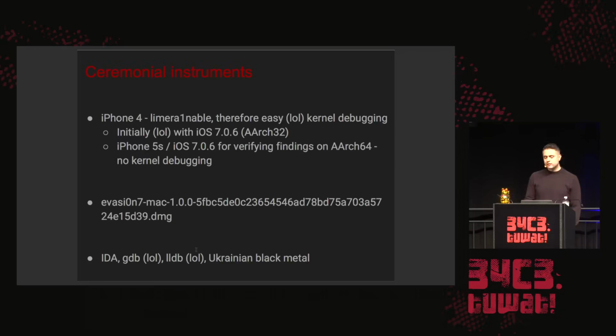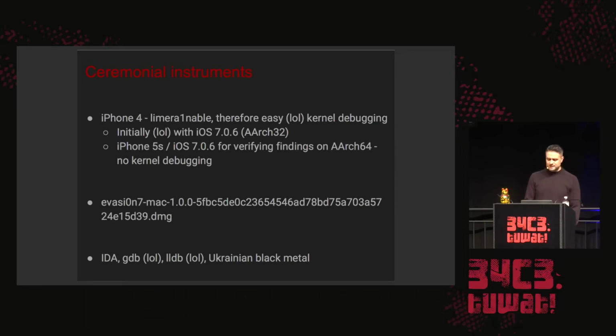I also had an iPhone 5S with the same version of iOS, and I had that in order to verify all my findings and redo my tests on an ARM64 device. And as I told you, the iPhone 5S at that time was the only ARM64 device, I think, on the market. I don't think there was another consumer device with ARM64 at that time.